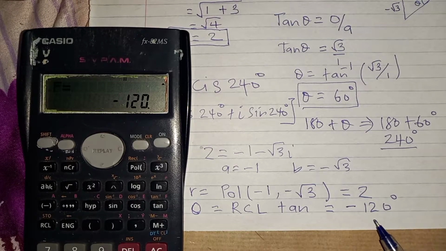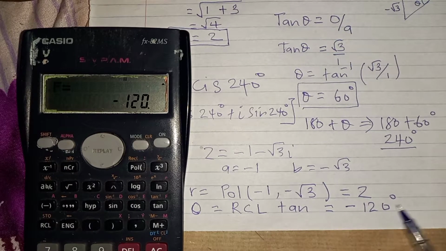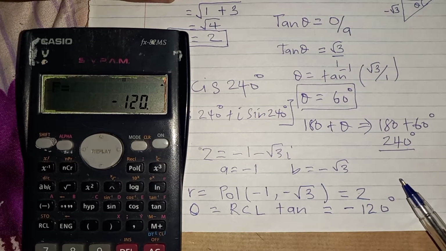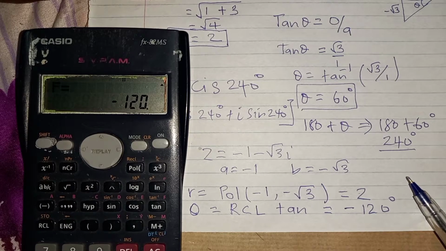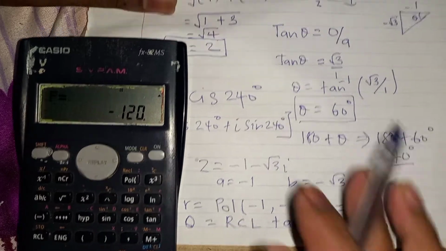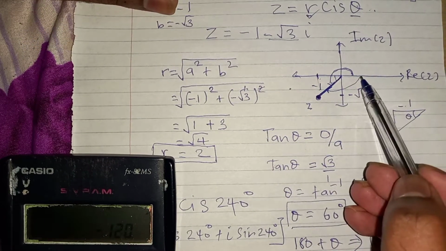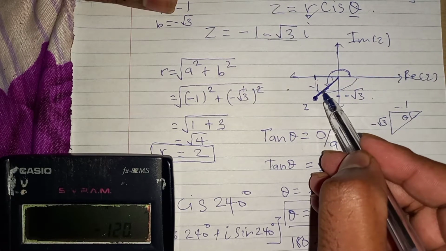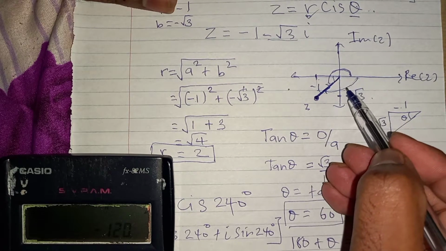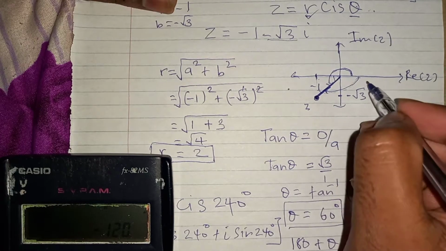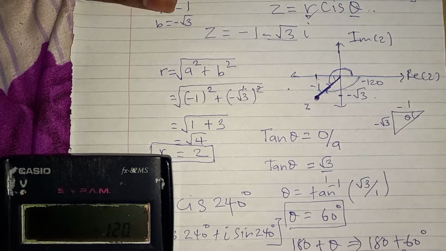But here you can see you get -120, and here you got 240. These two are the same angles, but the only difference is the calculator method has taken it from the negative real axis. If you come to this point from this direction, it will be -120.